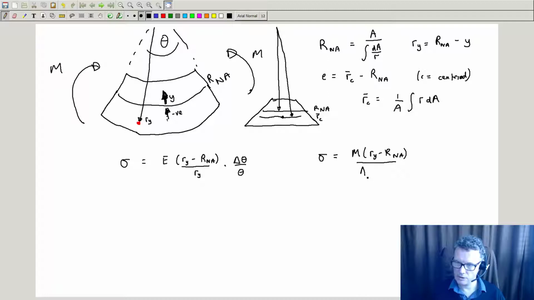Divided by the cross-sectional area, the E term, which I'm going to get rid of, and R. So I'm going to substitute in, that's RY. So I'm going to substitute in this expression above. Don't really see any reason why we want to keep it.